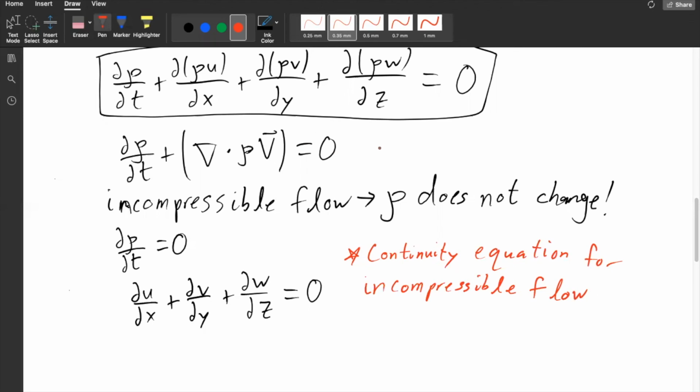And we'll say that this is the vector form. And there we have it. This is the derivation for the mass transport equation, or the continuity equation.